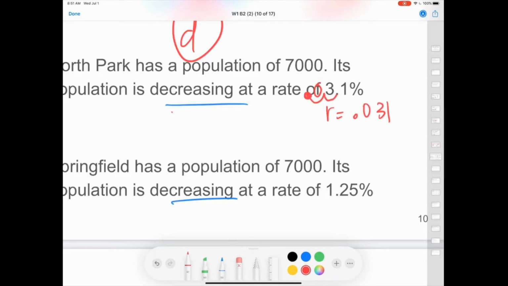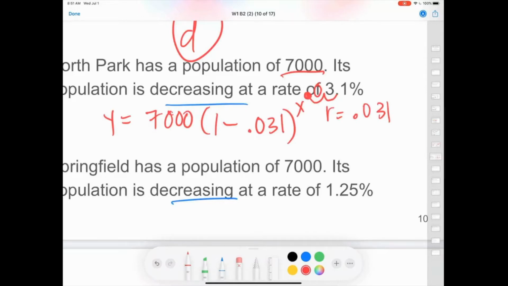So I'm going to have y equals, my a value is 7,000 times 1. For decay, it's minus. For growth, it's plus. So I'm going to have 1 minus 0.031 and then to the power of x. Okay. Remember I said you can use calculators, so use a calculator.